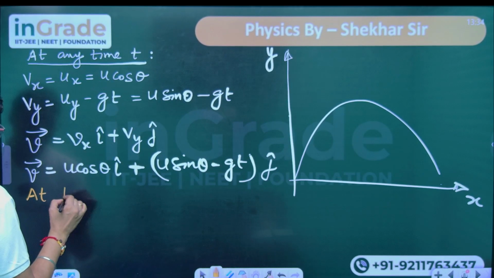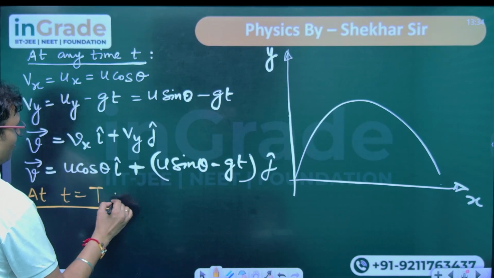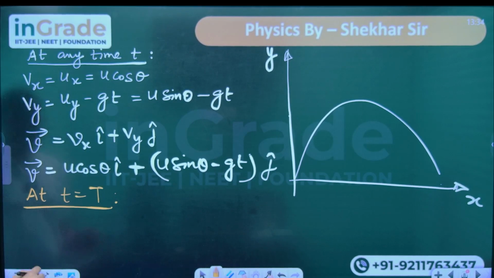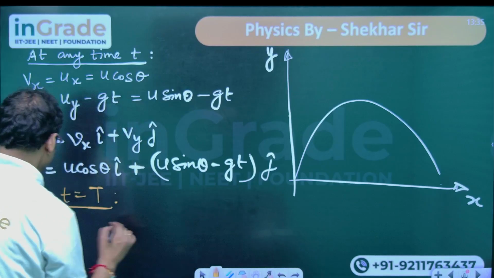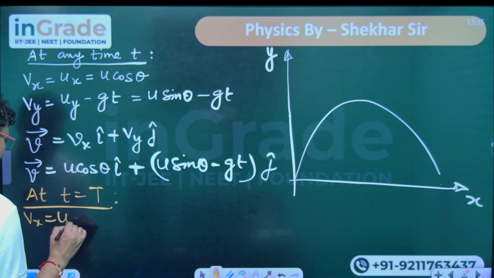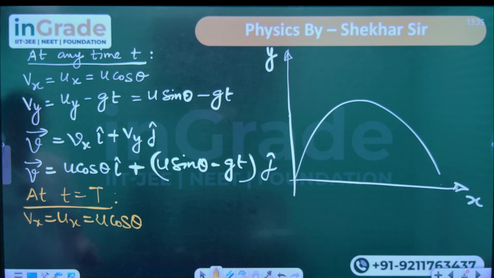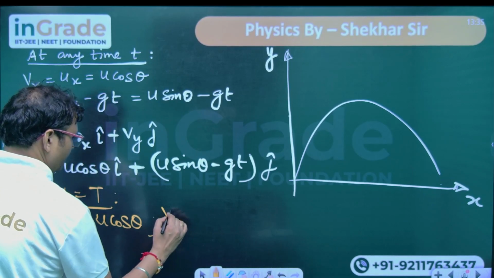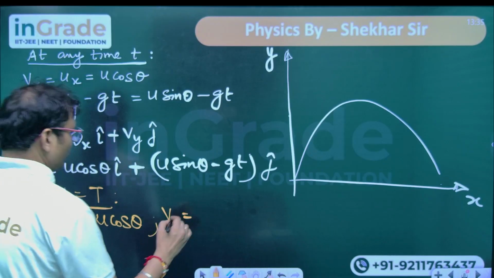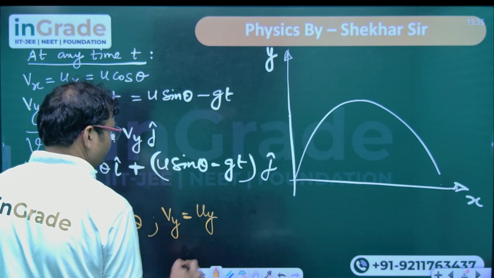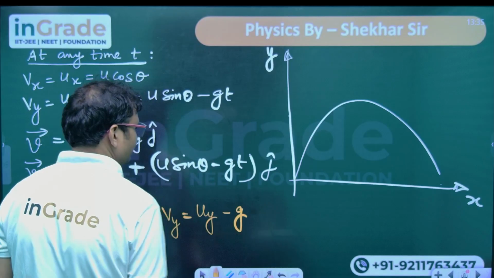Now at t equal to capital T, let us say the time of flight, Vx will remain as Ux, that is equal to u cos theta, there is no change. If we talk about Vy, it is equal to Uy minus g t.